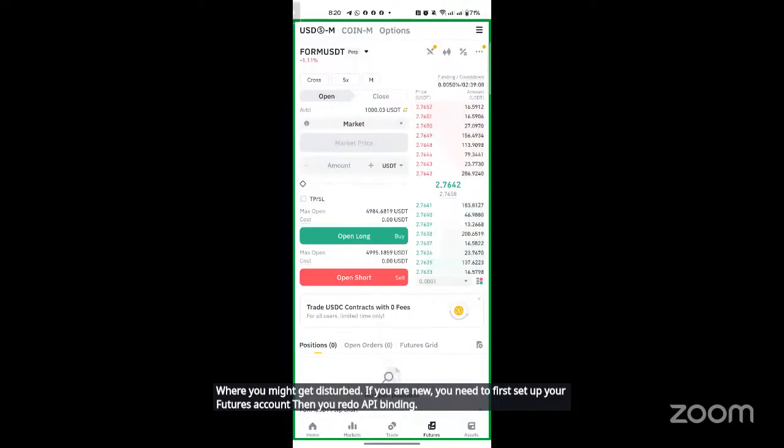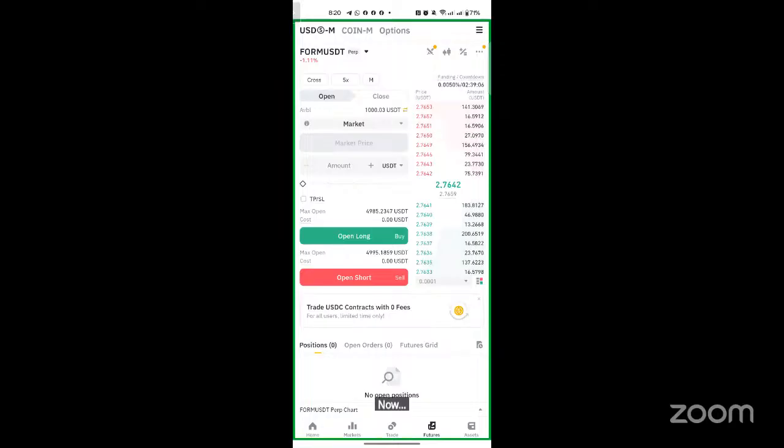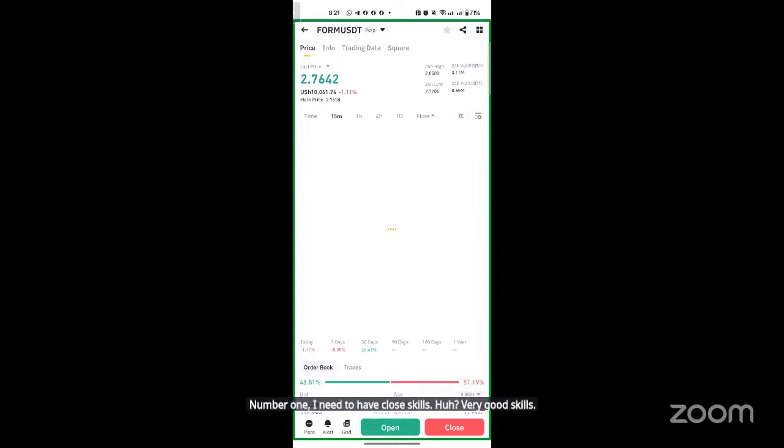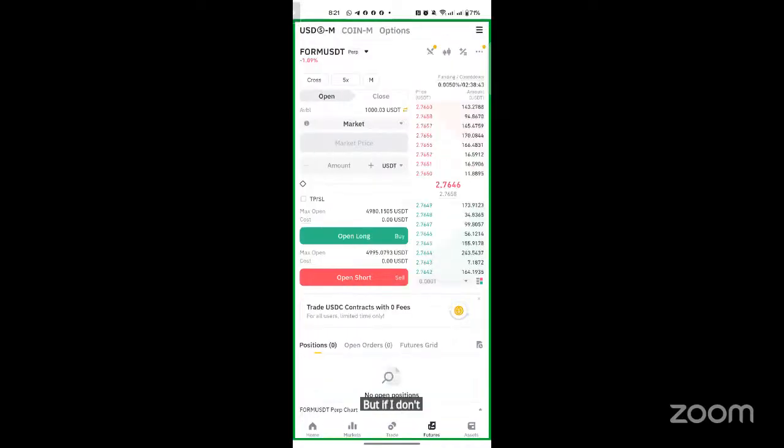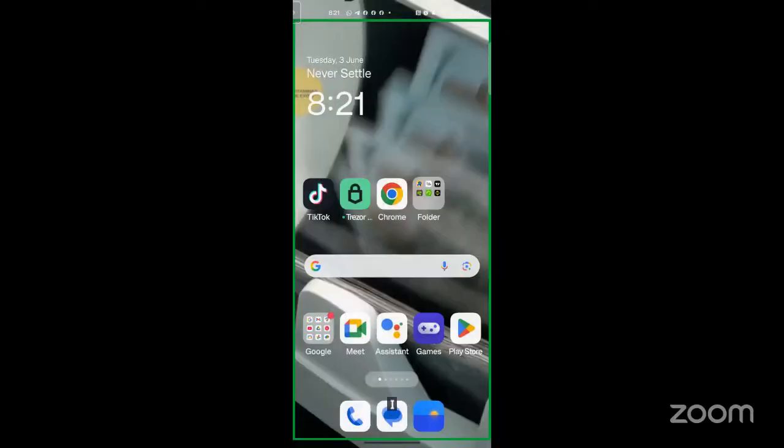Now remember, if I want to trade these futures from my exchange, number one, I need to have very good skills about these trading aspects. But if I don't have these skills, can I be able to trade? Yes! I come to Royal Q.